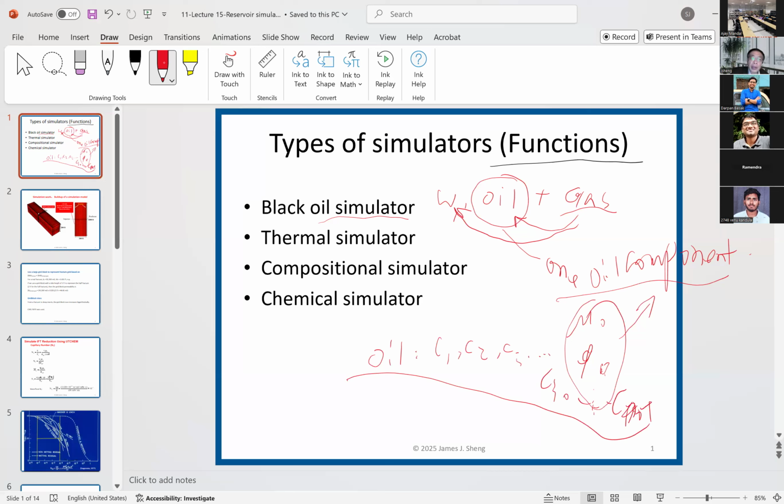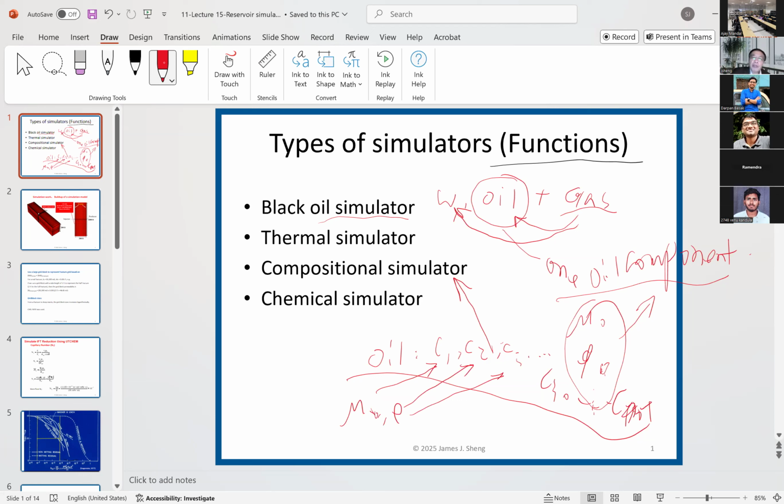If you consider different components, then the simulator we use is called a compositional simulator. In this case, instead of assigning parameters like density and viscosity to oil only, they are assigned to each component. So that's the compositional simulator.